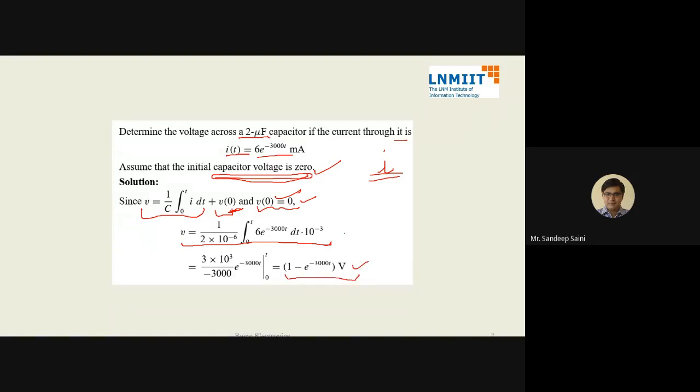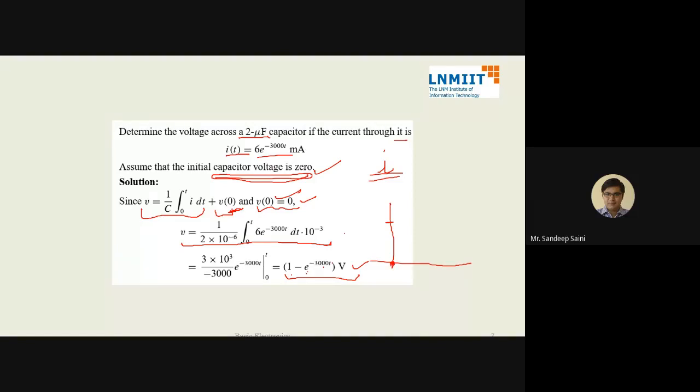As you can see, the voltage across this capacitor at t equal to 0 will be 1 minus e raised to power 0, which is 1 minus 1, 0.